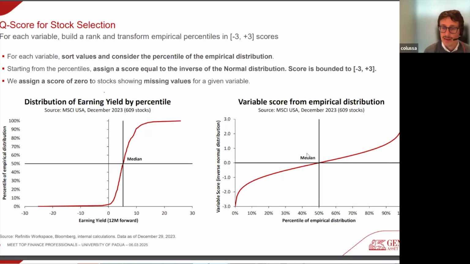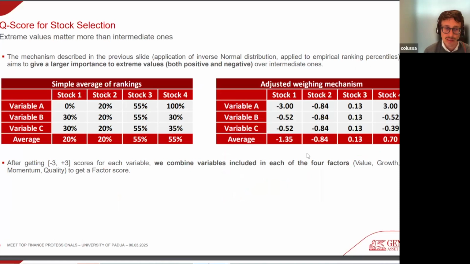Next slide. So variables with the same average may have a better or lower score depending on whether they excel or are very negative on a given factor.